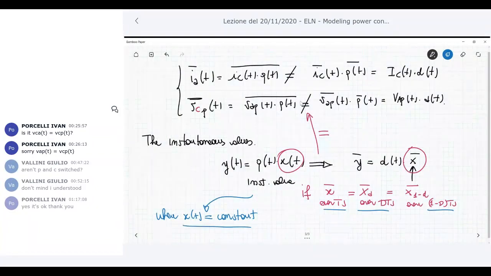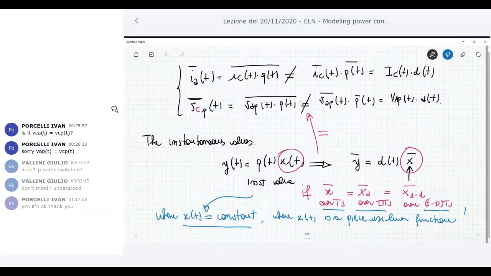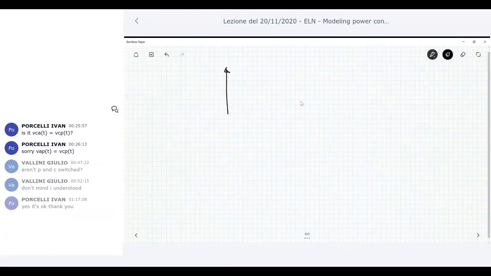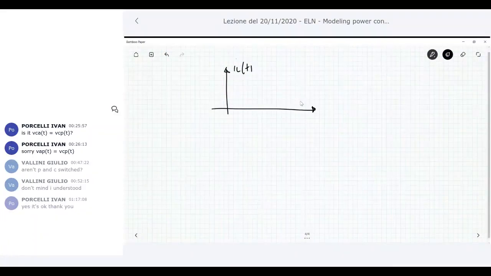Another situation is when x(t) is a piecewise linear function. So, for example, the current through the inductor in CCM is a piecewise linear function.